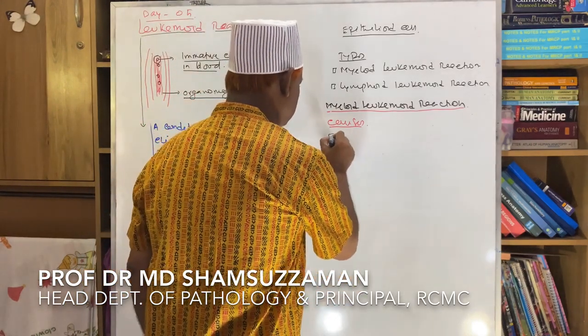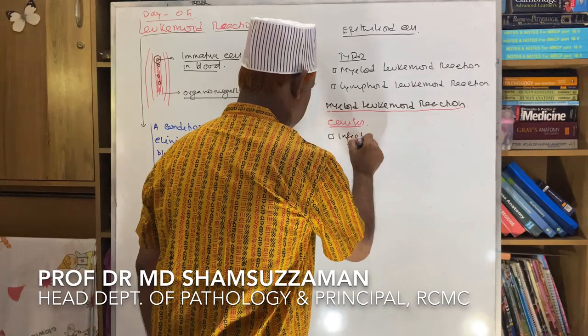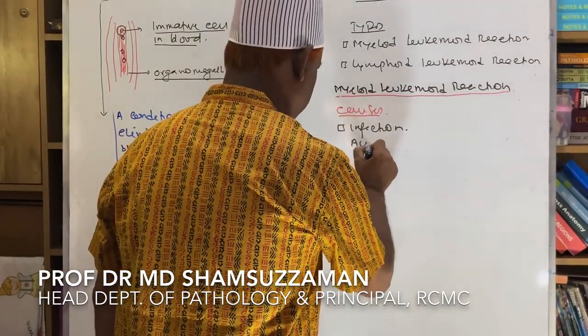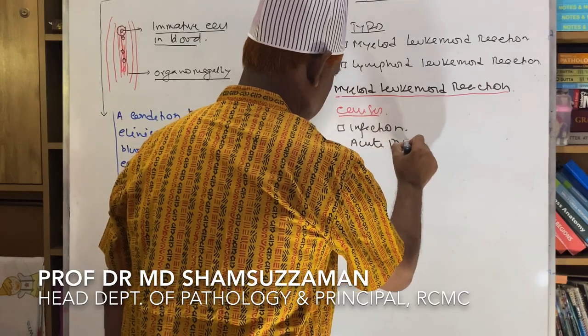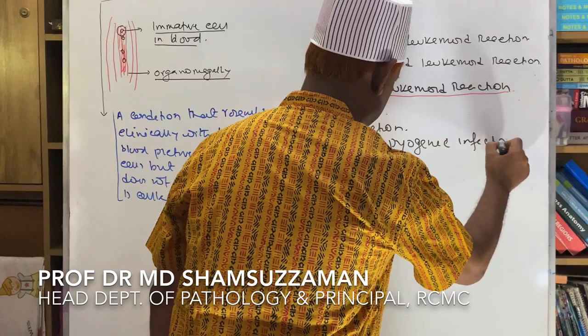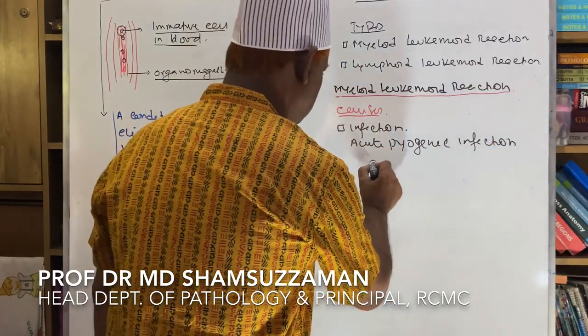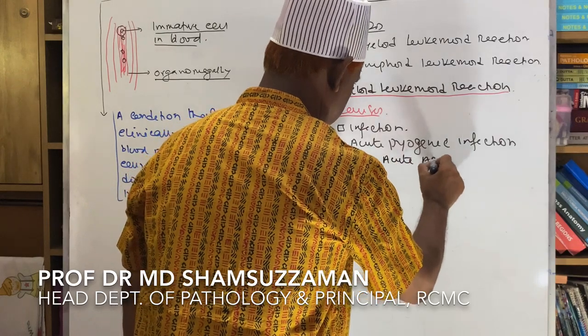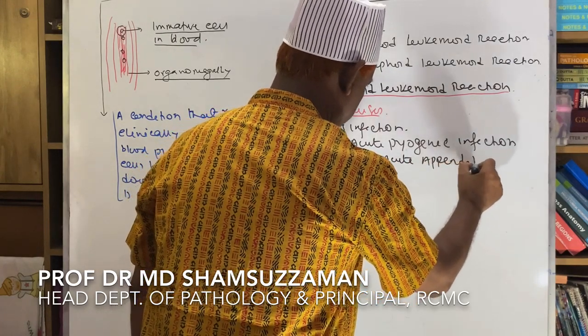One is infection. What type of infection? Acute pyogenic infection. Example, one is acute appendicitis.